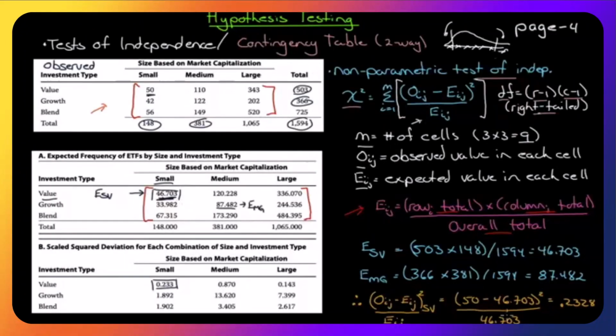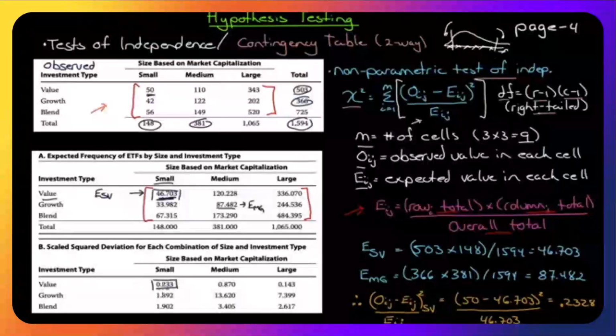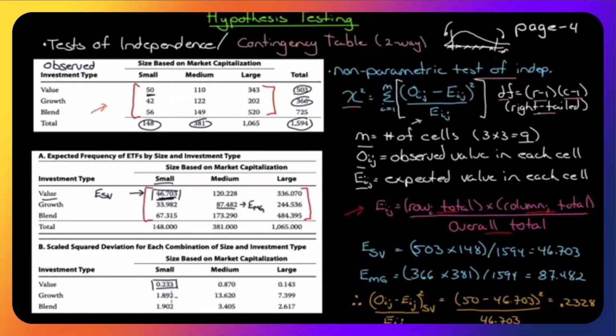Subtract them, square them, and divide by the expected value. We get 0.2328. And this is just 3 decimal places, 0.233. We do that 9 times. After we do that 9 times, we sum them up. Right here, we sum up all 9, and that will give us our t-stat. Our chi-square stat.